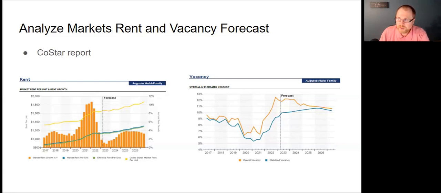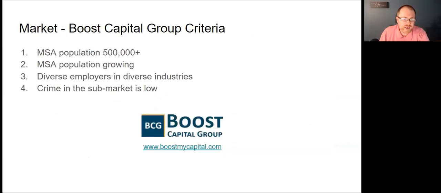Finally, here in the last slide, we wanted to share our own criteria. We try to keep them simple. We're looking at 500,000 people or plus, with population growing 0.5% plus.